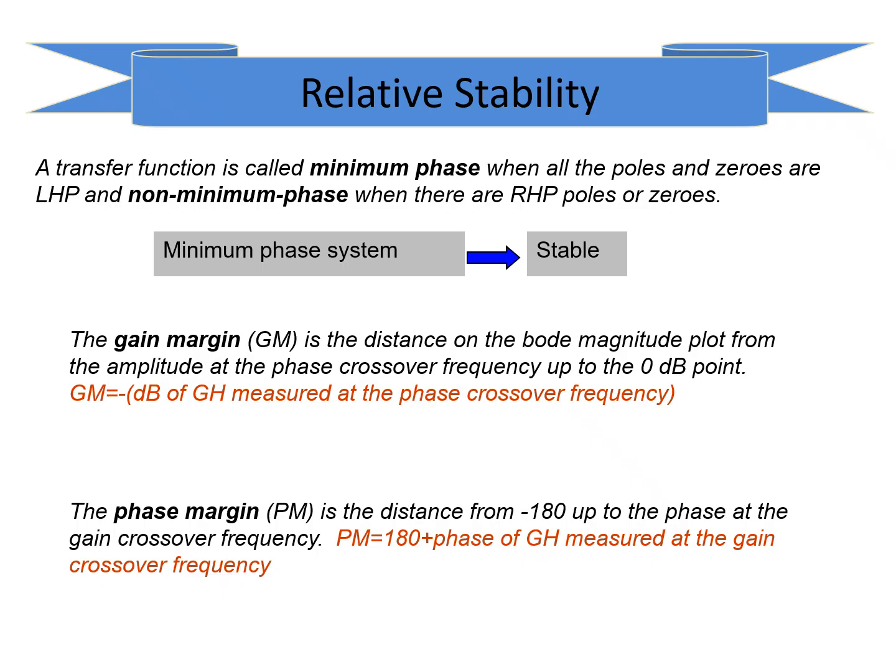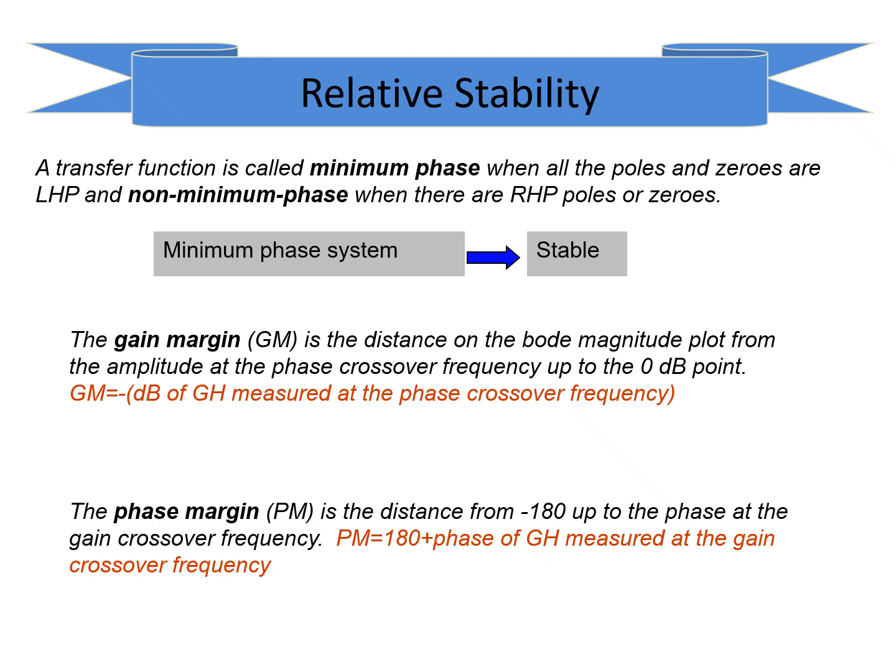Okay, relative stability. A transfer function is called minimum phase when all the poles and zeros are in the left hand plane, and non-minimum phase when there are right hand plane poles or zeros. The minimum phase system is stable. The gain margin is the distance on the magnitude plot from the amplitude at the phase crossover frequency up to the zero dB point.